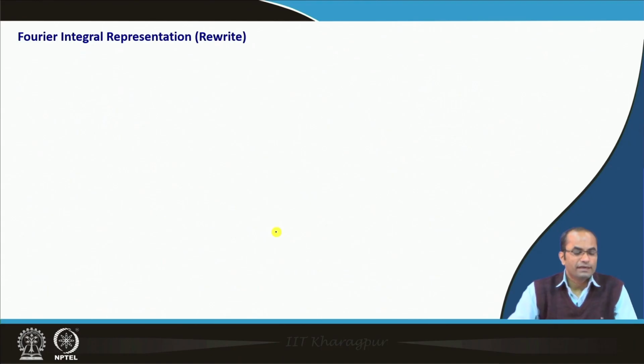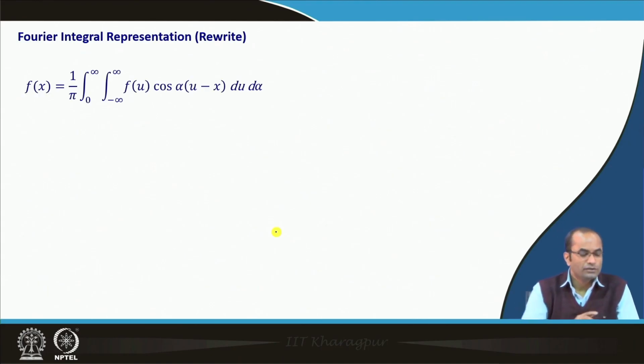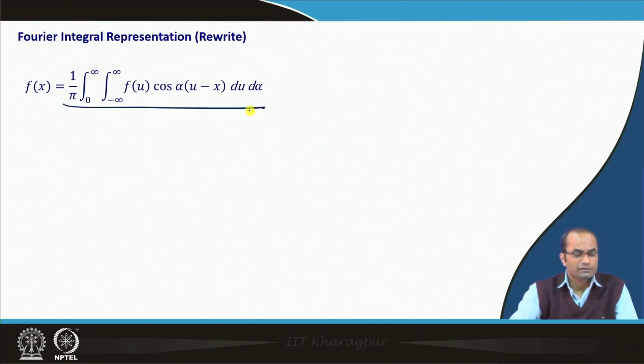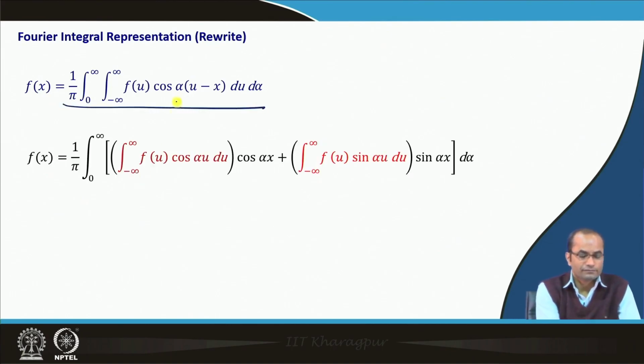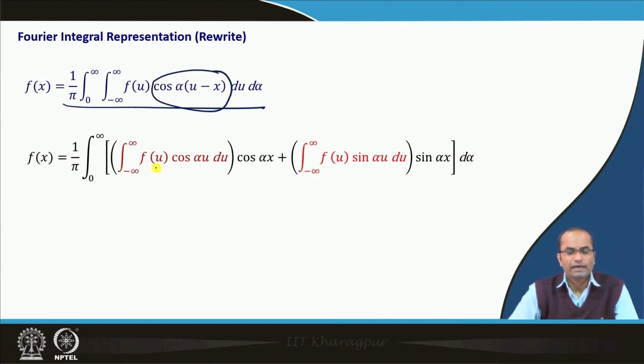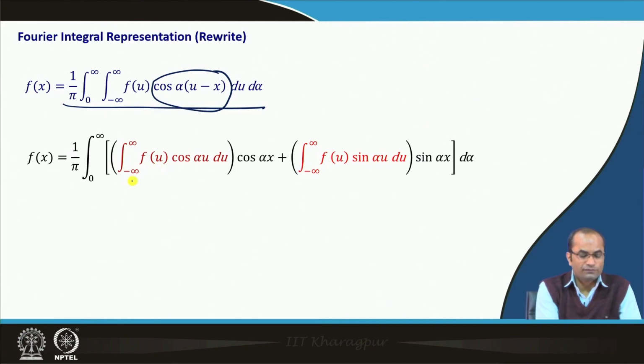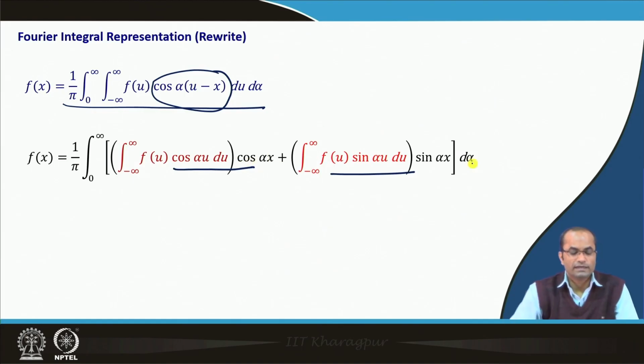So, now we can rewrite this integral representation in a slightly better form. This is the integral representation now, and again we can use the identity for cos(a minus b) to have it in an expanded form. So, we have two terms and so two integrals: the cos and then sine and sine for this cos(a minus b).